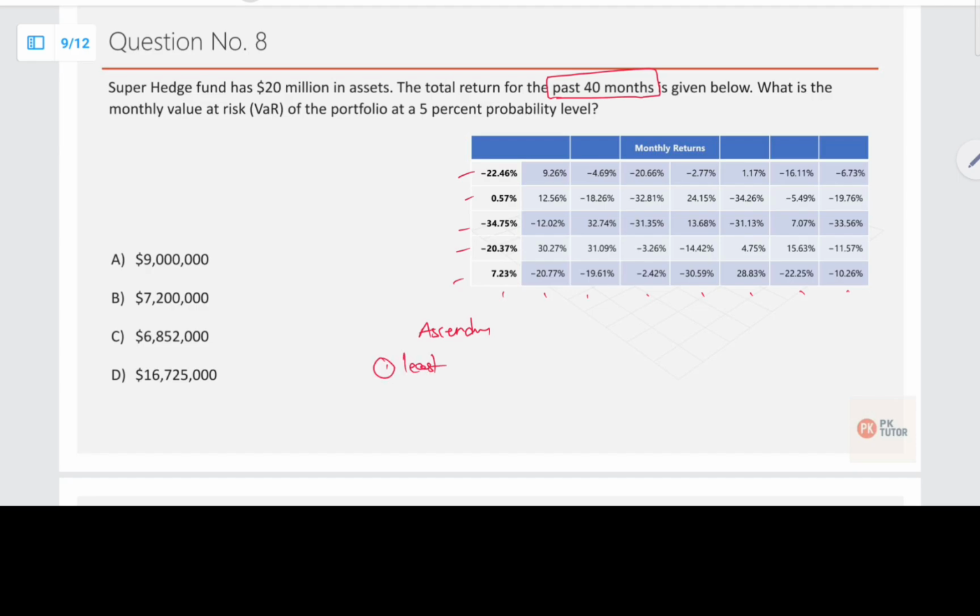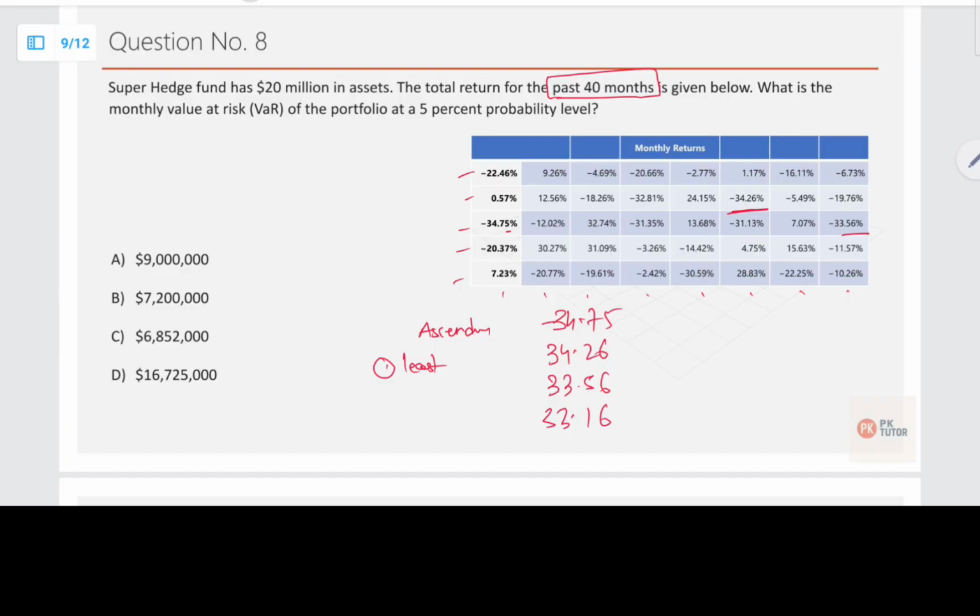So if you see 32.75, then I have 33.56, I have 32.26 here, so I have the least 34.75, then I have 34.26, I have 33.56, I have 33.16.